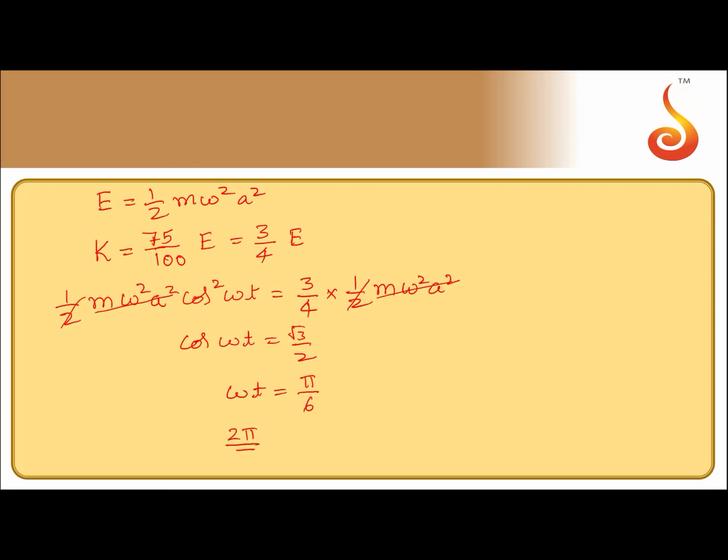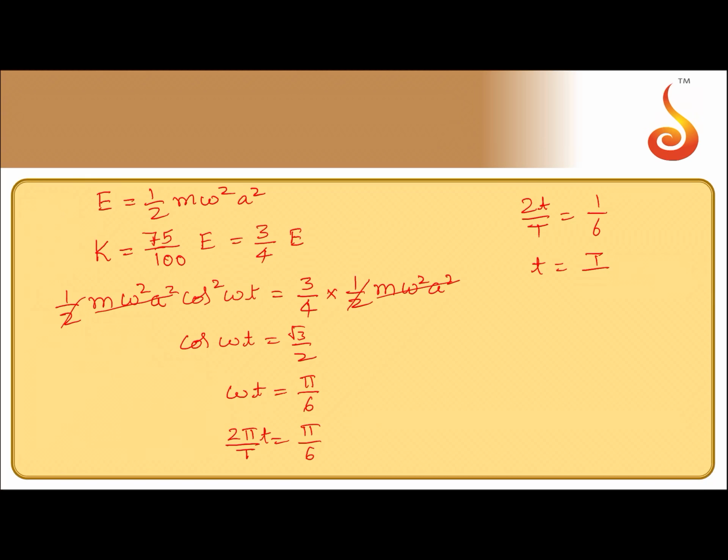So 2 pi by T, they have given time period, so you need to find t. So 2 pi by T into t is equal to pi by 6. So pi gets cancelled. You're left with 2t by T is equal to 1 by 6.